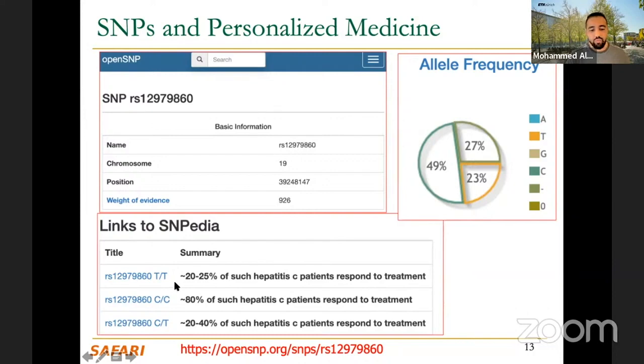So very low probability to get better after getting a treatment. However, if you have a C from the mother and a C from the father at this location, then your probability will be much higher than the previous case, TT.